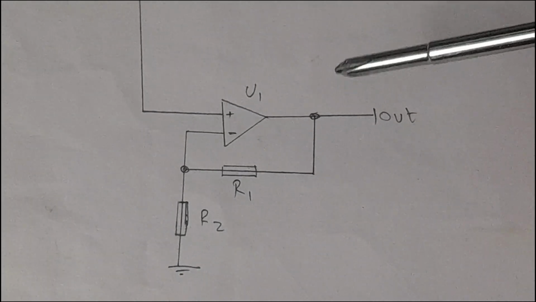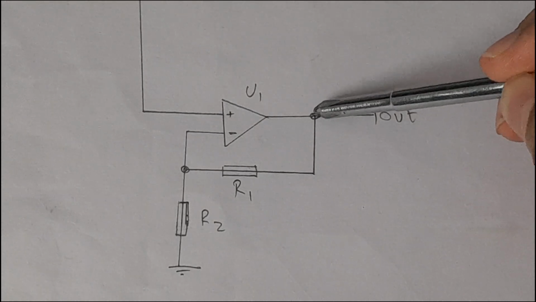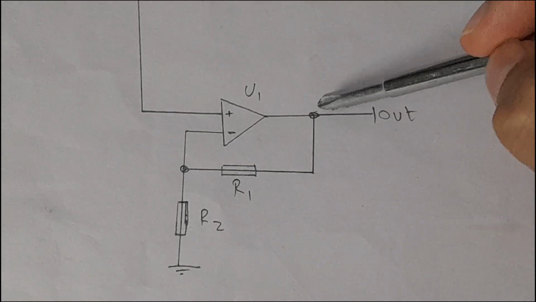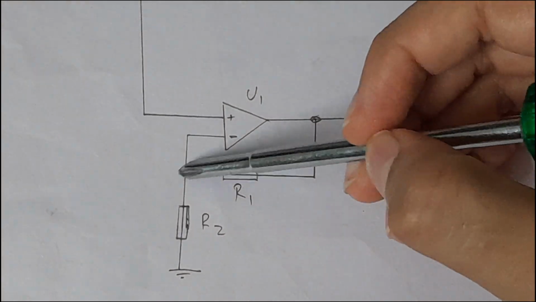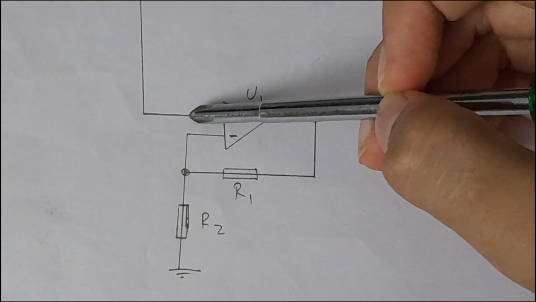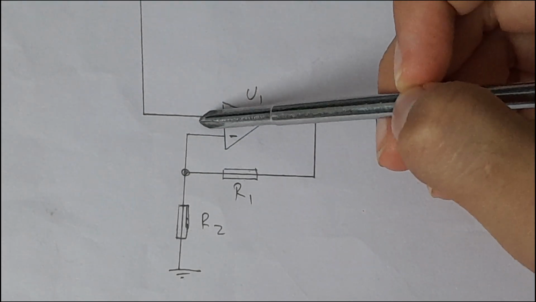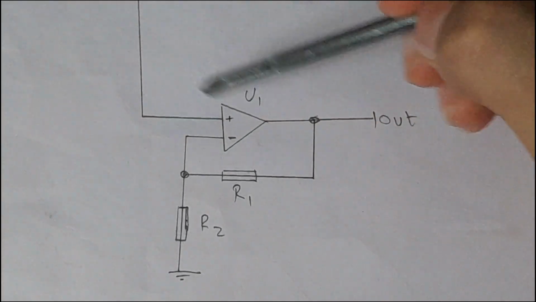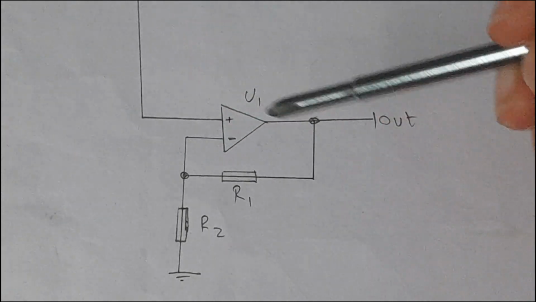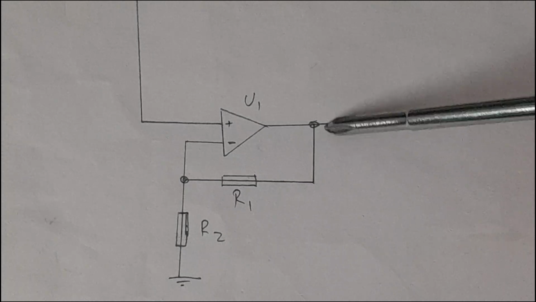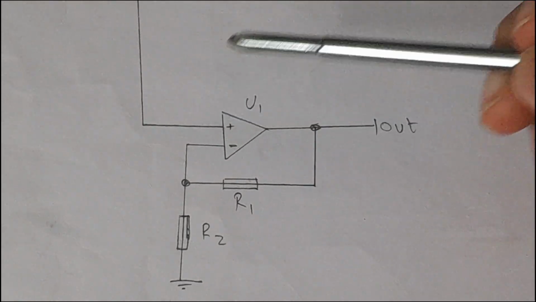What is going to happen is that the output is going to rise and rise, until the inverting input reaches 12 volts. Basically, the op-amp will try to have equilibrium between both of its inputs. So if 12 volts is here, 12 volts must be here to keep the op-amp in equilibrium, and it will do anything to keep those inputs the same.